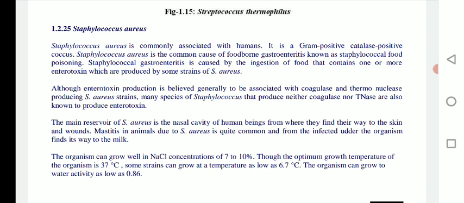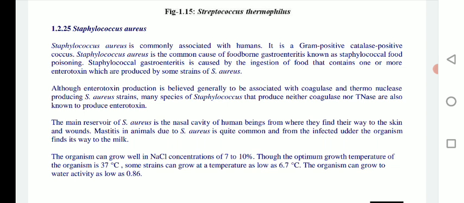It is a gram positive, catalase positive coccus. Staphylococcus aureus is a common cause of foodborne gastroenteritis known as staphylococcal food poisoning. The disease is mainly caused due to spoilage of food by Staphylococcus aureus.